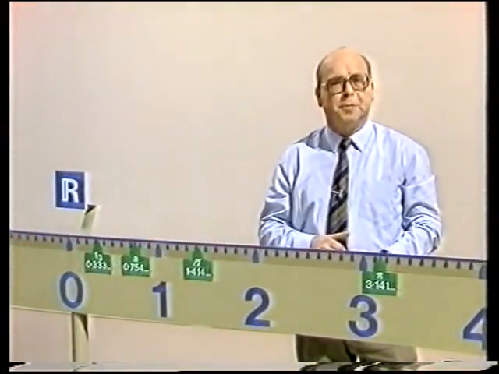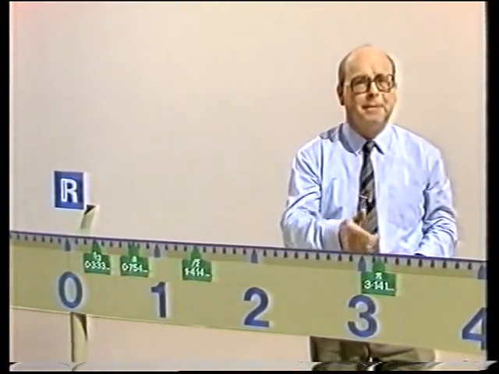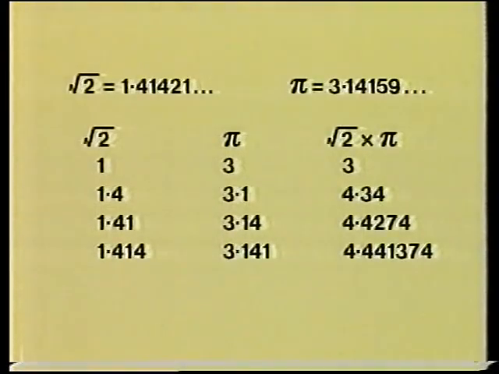Now, we wanted to be able to define the product of root 2 and pi. And by truncating these decimals, we got this sequence of approximations to the product. So a natural way to define root 2 times pi is as the least upper bound of this set of numbers. But does it have a least upper bound?